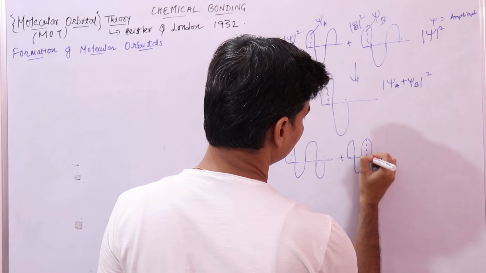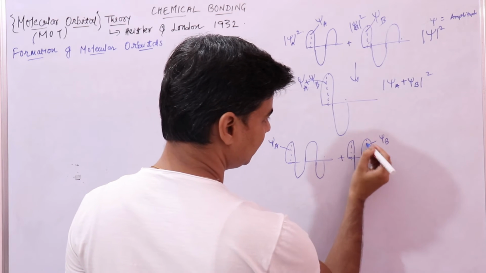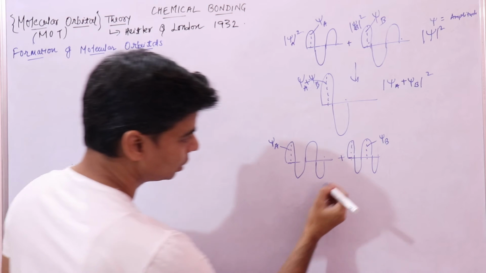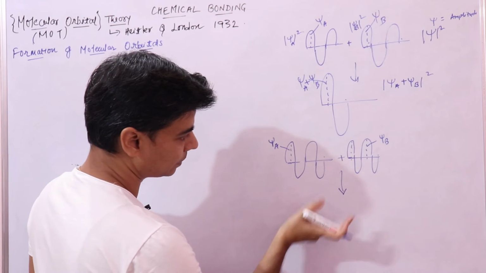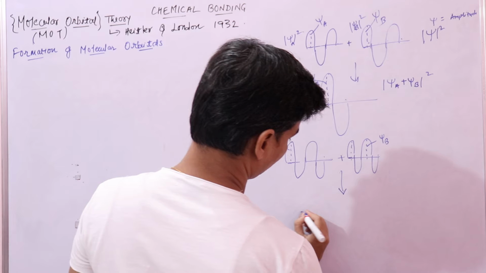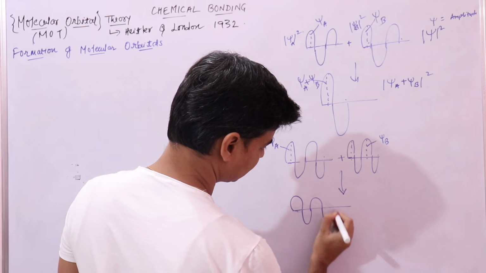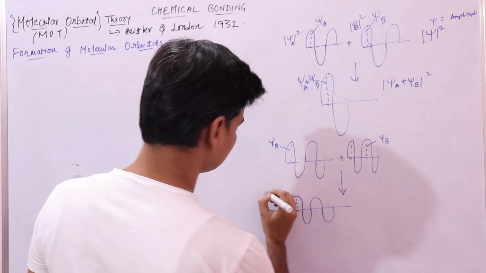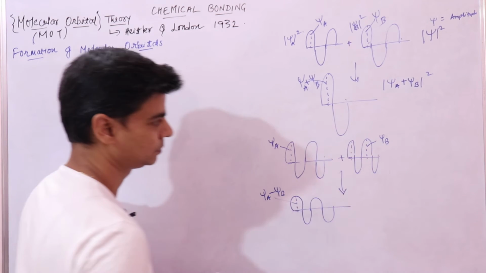This is psi A, and this is psi B; they represent the amplitudes. When these overlap destructively, we get a smaller wave like this, whose amplitude would be equal to psi A minus psi B.